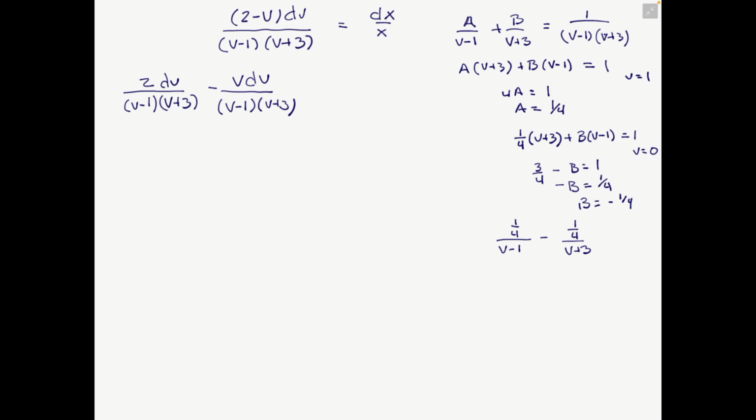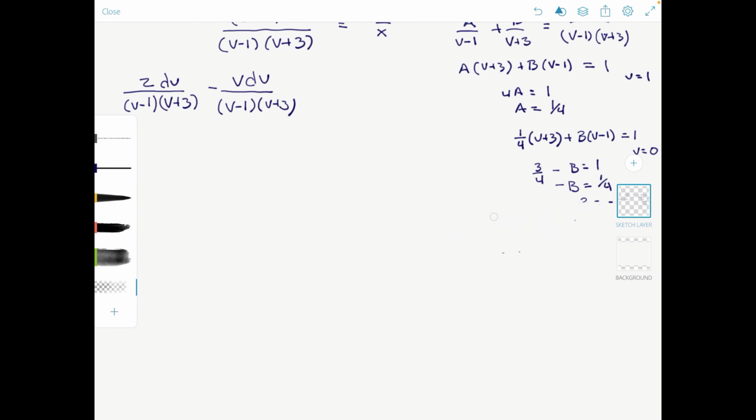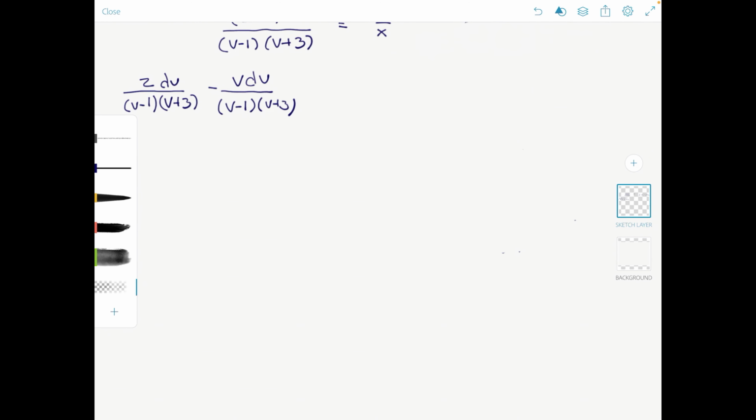And if we multiply across, we've got v on 4 plus 3/4 minus v on 4 plus 1/4, and that gives us 1 on v minus 1 times v plus 3. So we've got that. Let's now erase, give us some working room. Remember our results. That's always a trick.